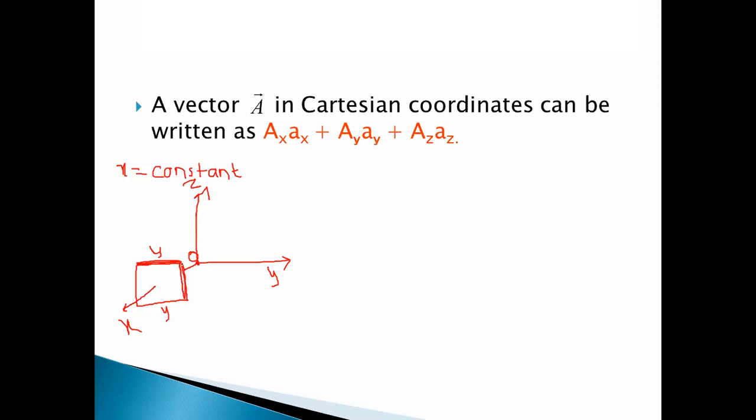This is your vertical line, which is showing your z-axis. So it is called the x and z plane. Sorry, the y and z plane. When your x is equal to constant, your plane will be the yz plane.